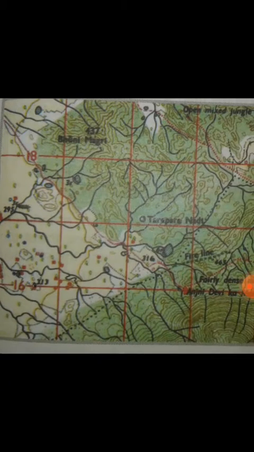Spot heights indicate the exact height of a place above the sea level.